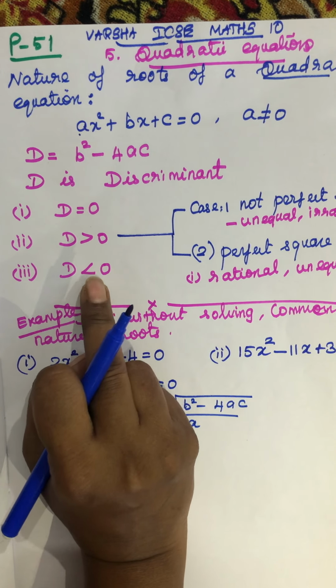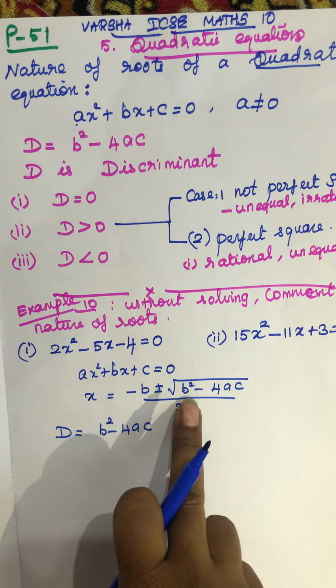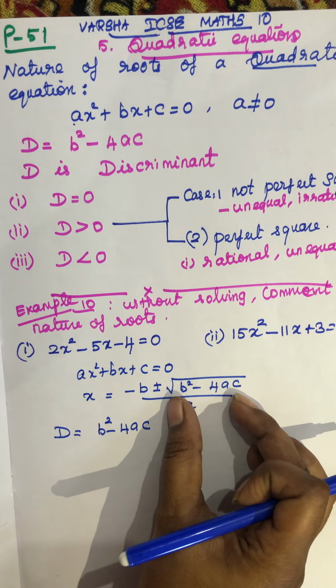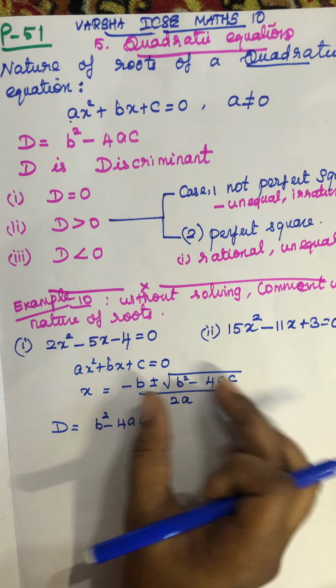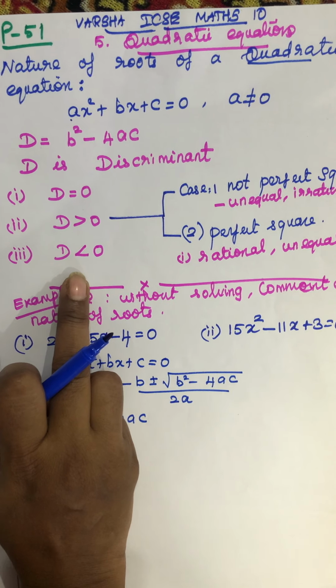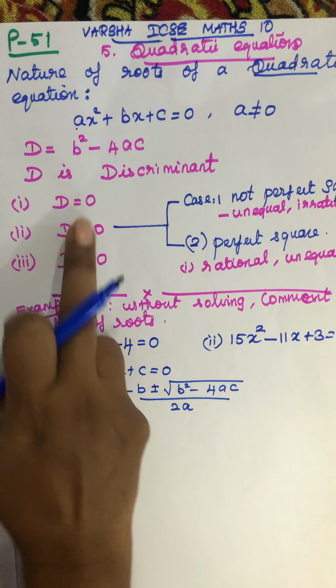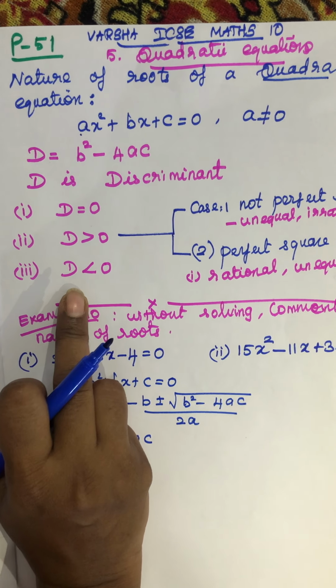Under the square root, the discriminant may be equal to 0, greater than 0, or less than 0. Students, do you understand?